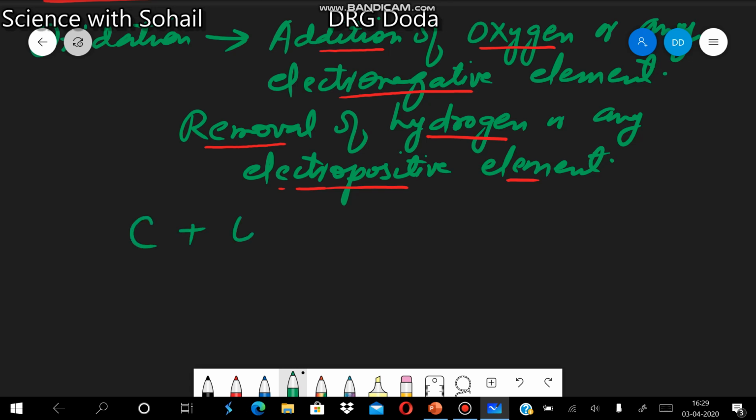Carbon combines with oxygen and forms carbon dioxide. Now see, in this process the carbon is undergoing addition of oxygen. So we can say that carbon undergoes oxidation.